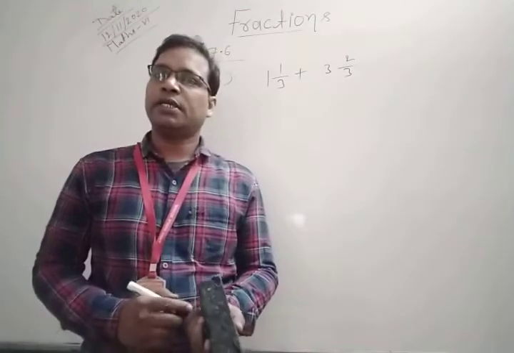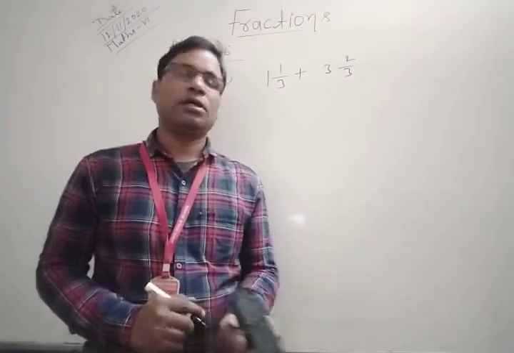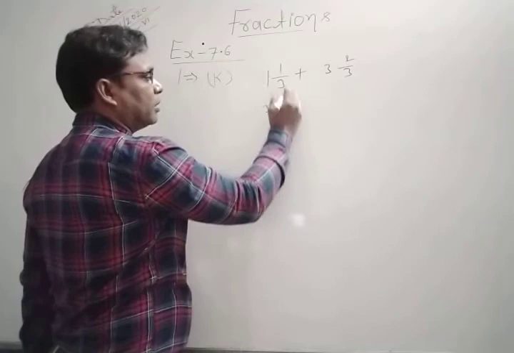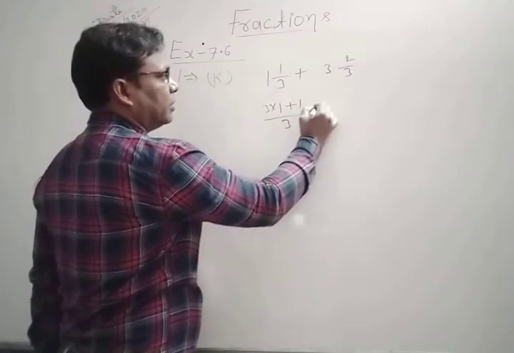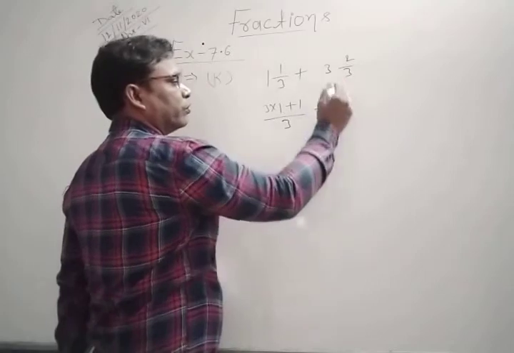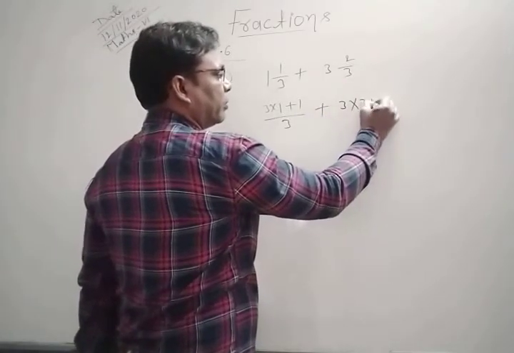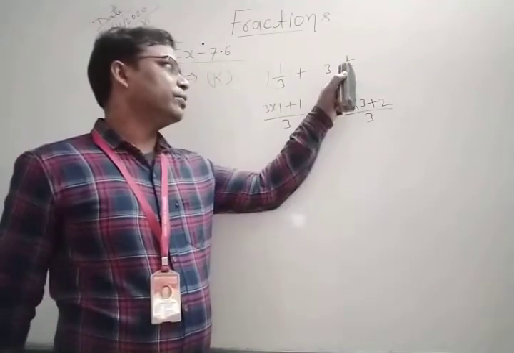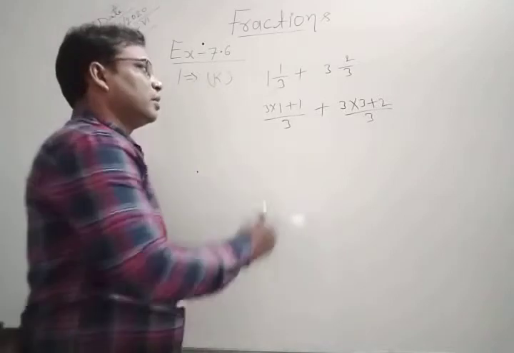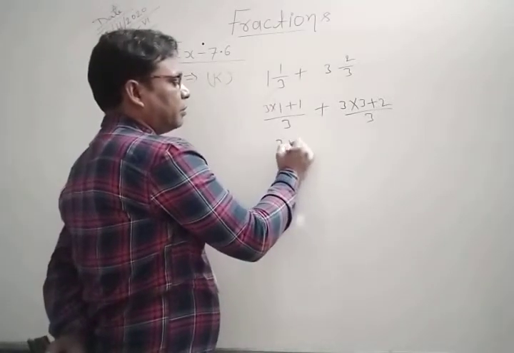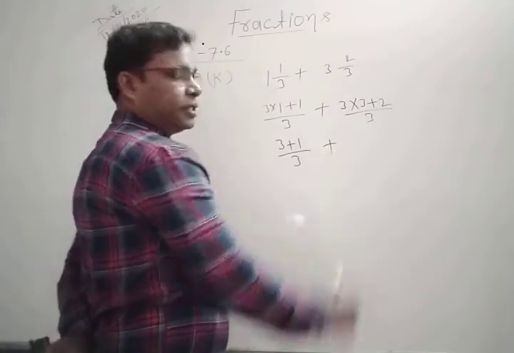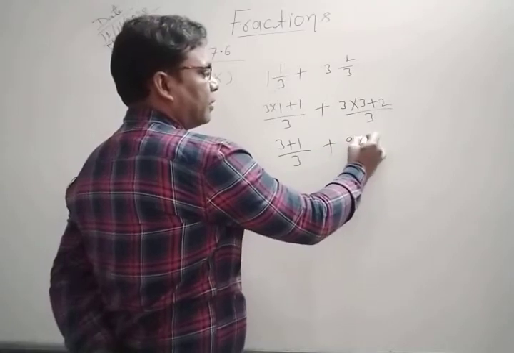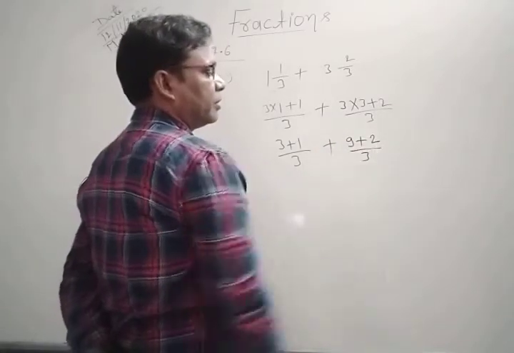So first we convert them to improper fractions. So it becomes 3 times 1 plus 1 by 3, again 3 times 3 plus 2 by 3.